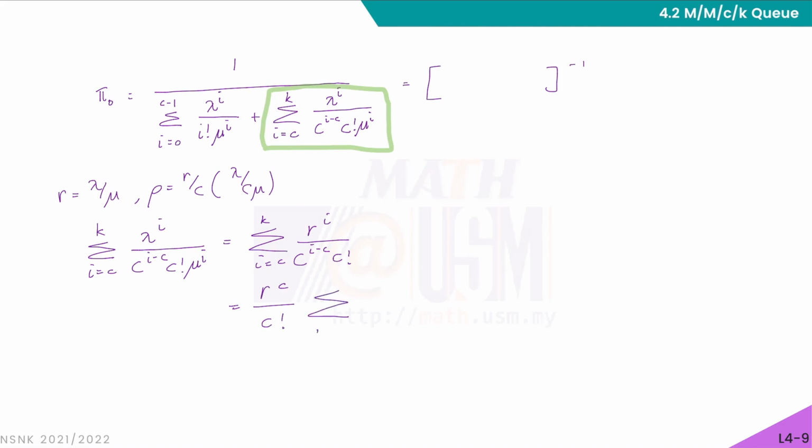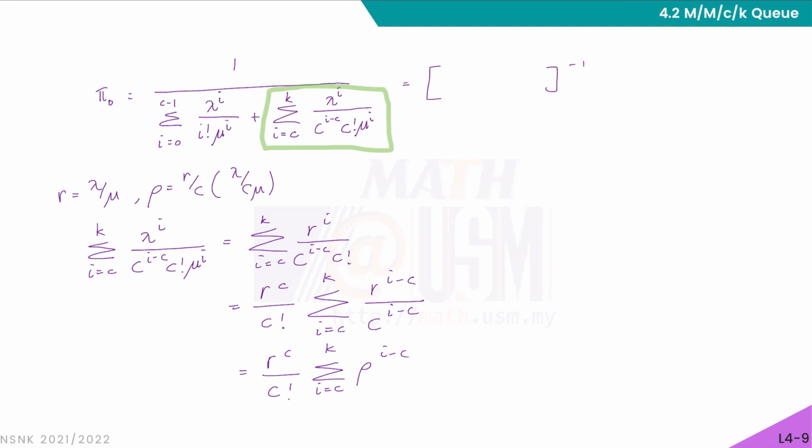So you are left with R to the power of i minus C over C to the power of i minus C, which gives you R to the power of C over C factorial times rho to the power of i minus C.